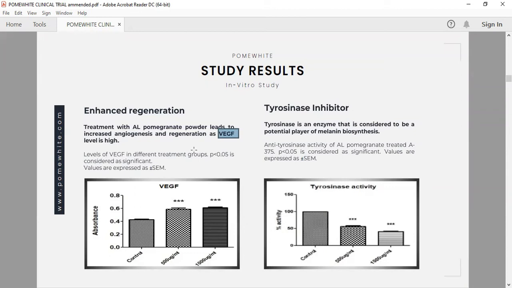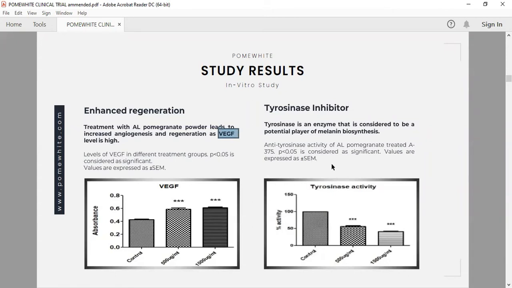Another very important constituent of the epidermal and dermal layer are melanocytes. Obviously these are not keratinocytes, and keratinocytes do not have the ability to synthesize melanin. So for this purpose, we use another cell line known as A375. This A375 cell line is basically a melanocyte cell line, and a very important cell line.